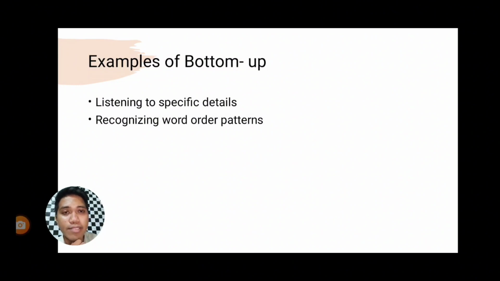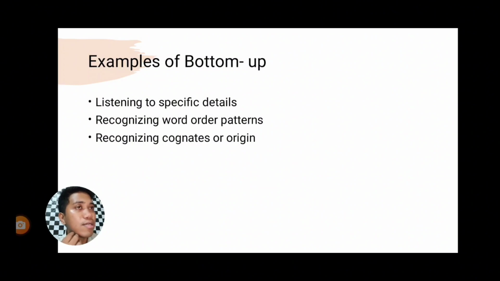Another one is recognizing cognates or origin. When we say cognates or origin, it is where the word came from, the origin of the word. Okay, like for example, the word behave. What is the origin of that? Is it have?